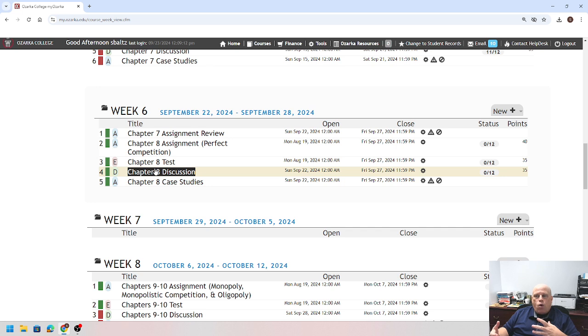We're going to be looking at how, depending on what market structure we're facing, a firm uses marginal cost and marginal revenue to maximize profit, and the decisions that have to be made in both the short run and the long run in order to achieve that maximum profit.